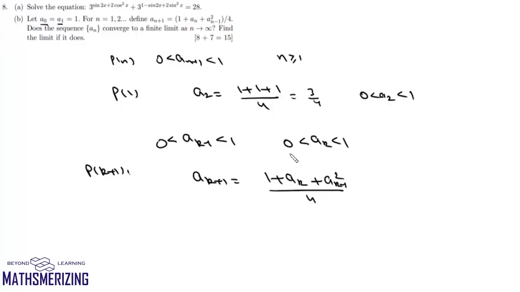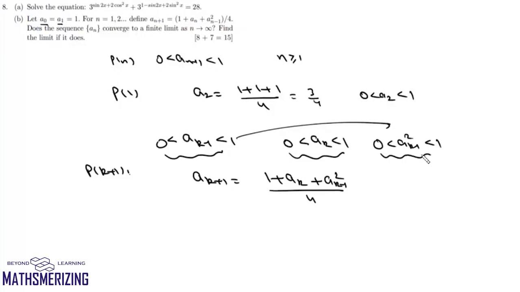Now we know that ak lies between 0 and 1. ak minus 1 also lies between 0 and 1. Now we'll square it. We'll write 0 and then ak minus 1 square will also lie between 0 and 1. So we'll add them. We can write 0 and ak plus ak minus 1 square will lie between 0 and 2.